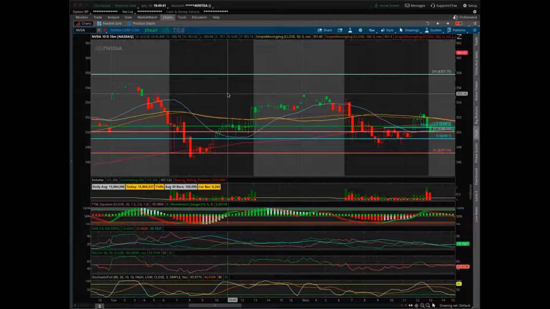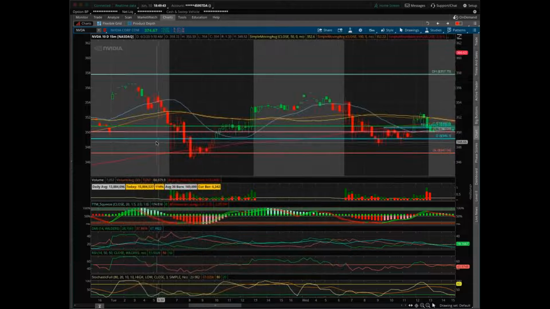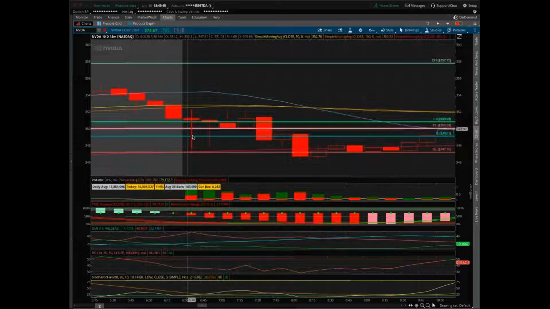Why? Because you're going to get candles like this with huge wicks. And a 5-minute chart is going to have it close below your support. But then 5 minutes later, it's going to close back above it, right?